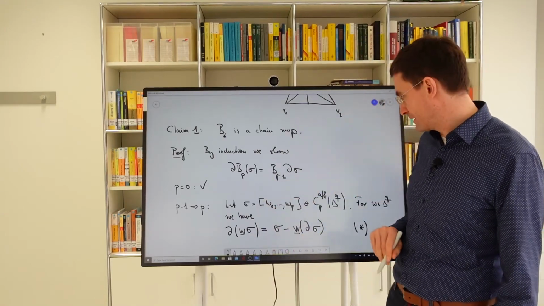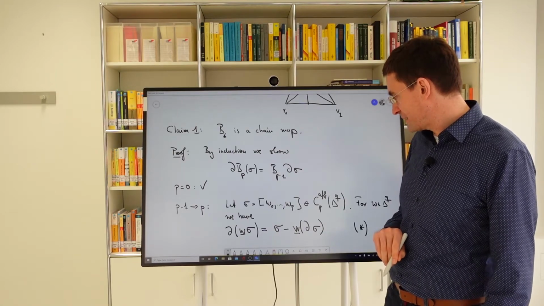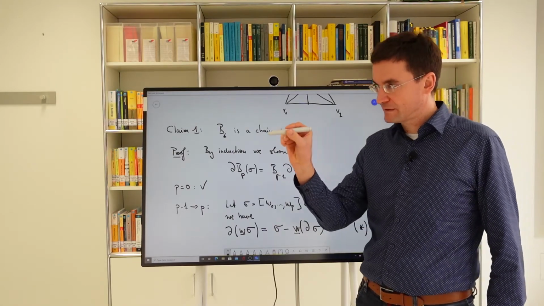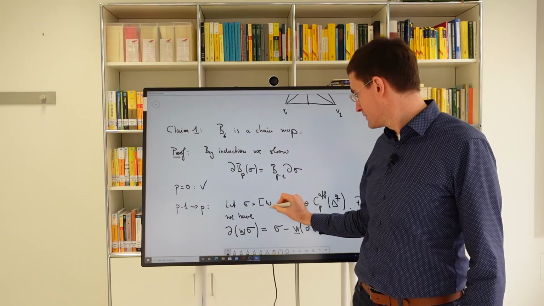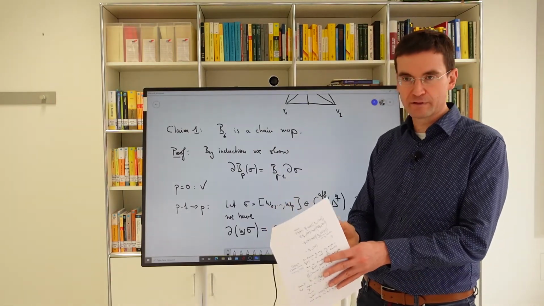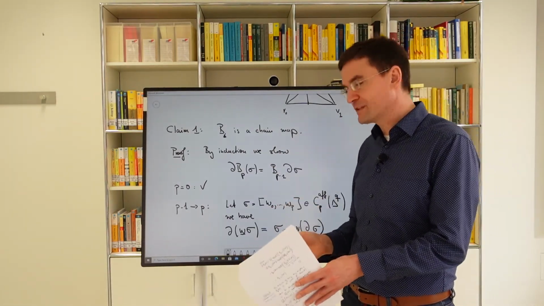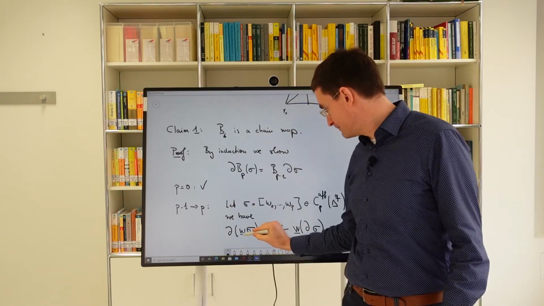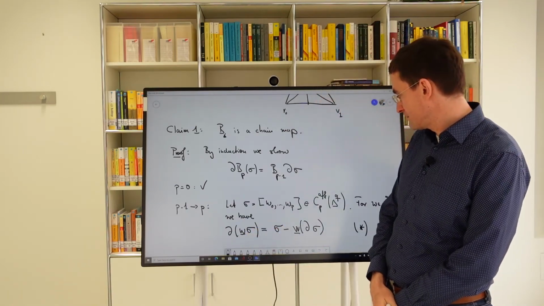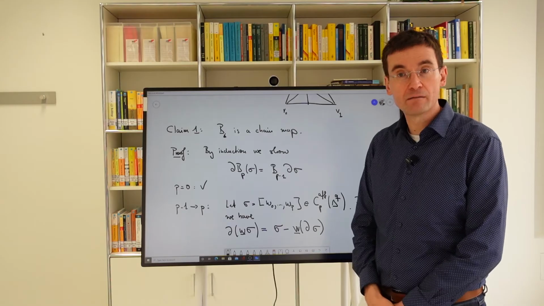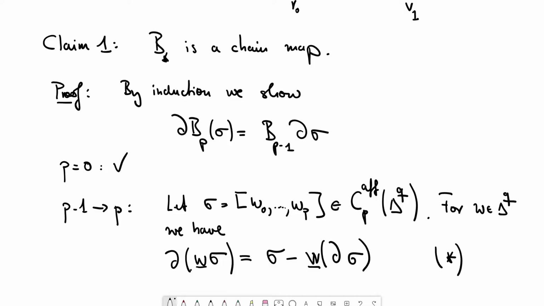Now you take the boundary of that. So what happens? Boundary is subsequently dropping these points. The very first that gets dropped is the W that you inserted here, right? And this gives you back the sigma. What you then drop are these vertices W0 up to Wp, but you still have this W added in front.